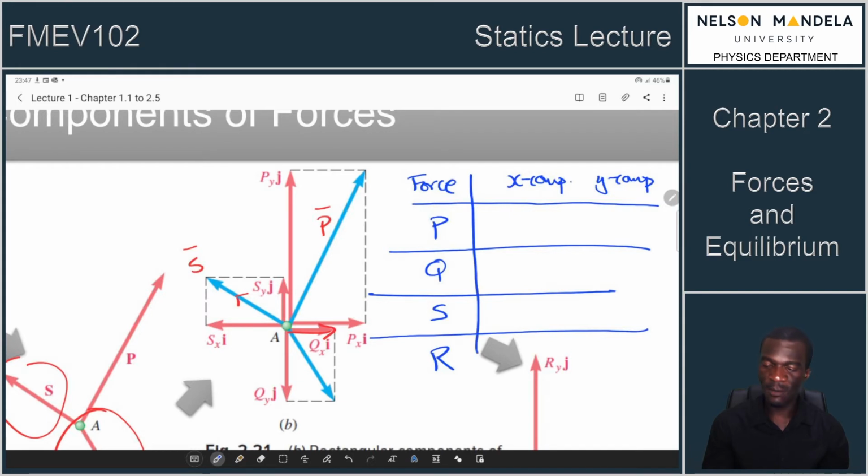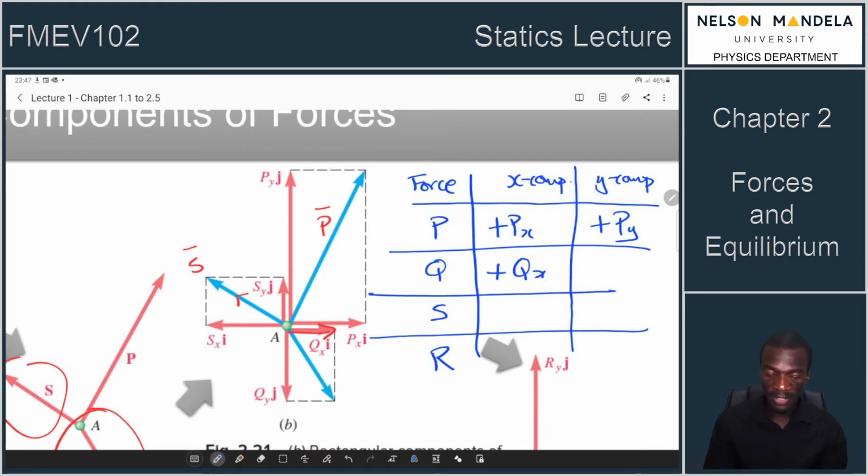So what is the X component of force P? That's your Px. What is the X component of force Q? Remember now, this Px is a what? Is a magnitude, right? So when I look at the diagram, where is it pointing? It's pointing in the positive X direction. Y component, it's pointing in the positive Y direction. How about Q? My X component for Q is pointing in the positive X direction.